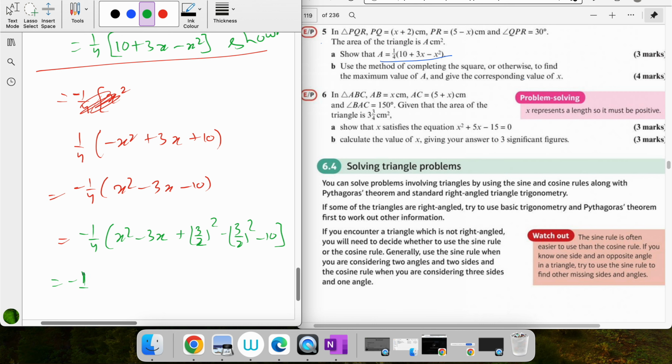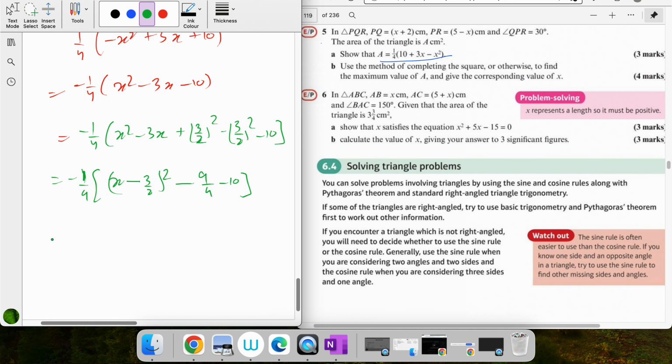We keep on working and completing the square. X is copied, negative sign is copied, 3 by 2 is copied, whole square. This is minus 9 by 4 minus 10. And then we make use of calculator.